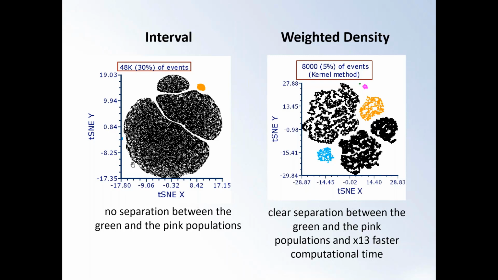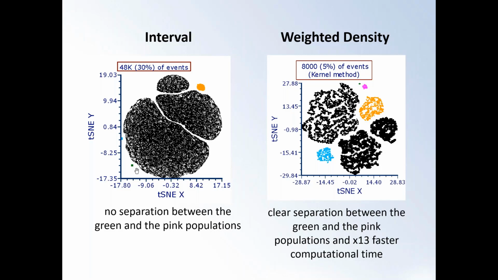I can tell you that the pink and the green are all stuck together at the bottom left. So this small green rectangle contains both of those populations. So the only thing that you can do is to increase the sampling. Instead of 48,000, go higher.